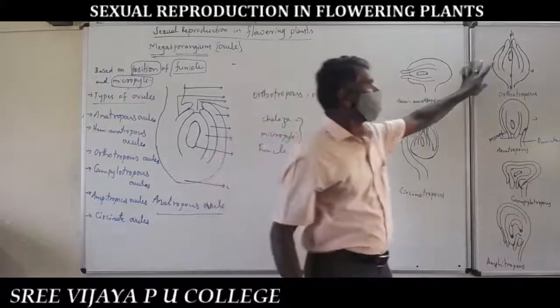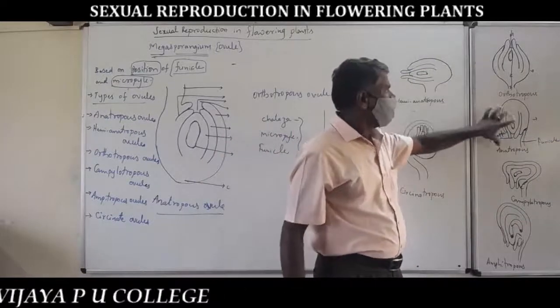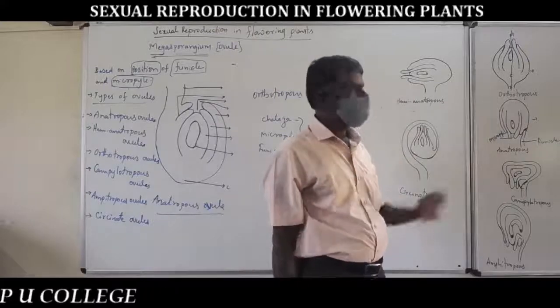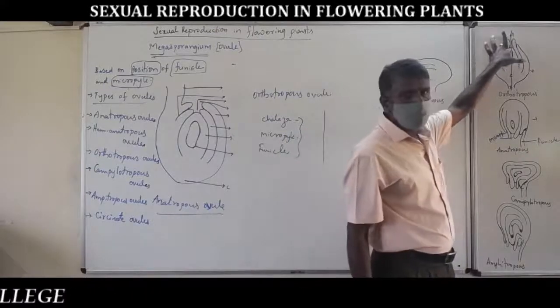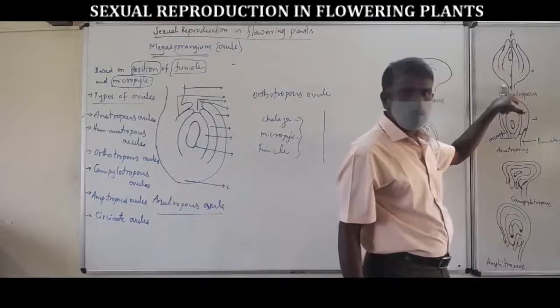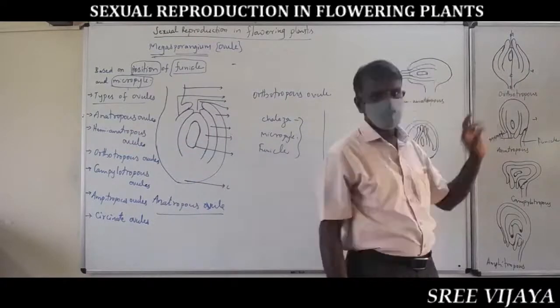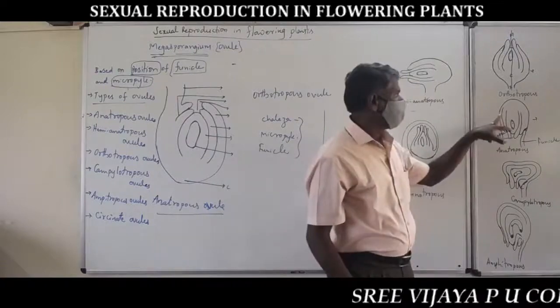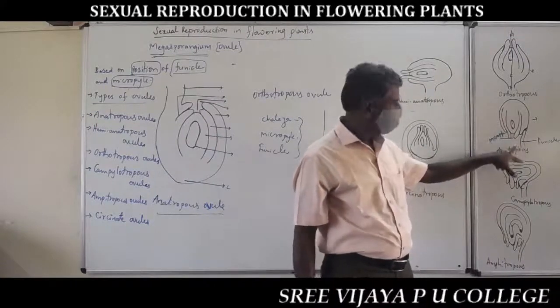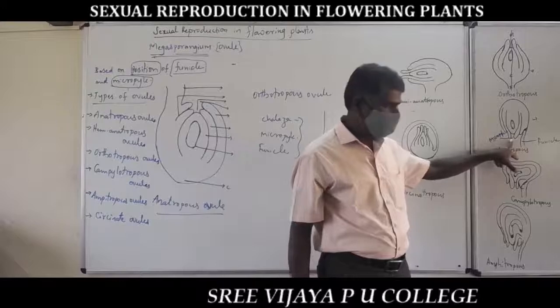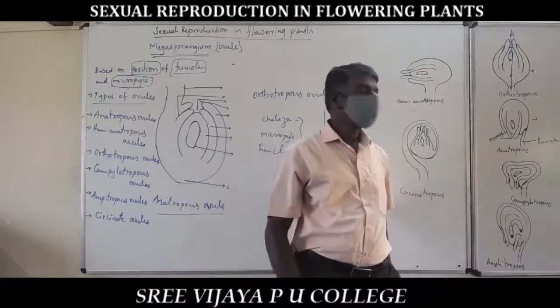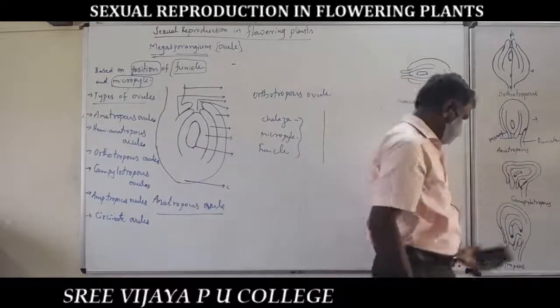Compared to orthotropous, in the anatropous ovule the micropyle is present near the funicle.